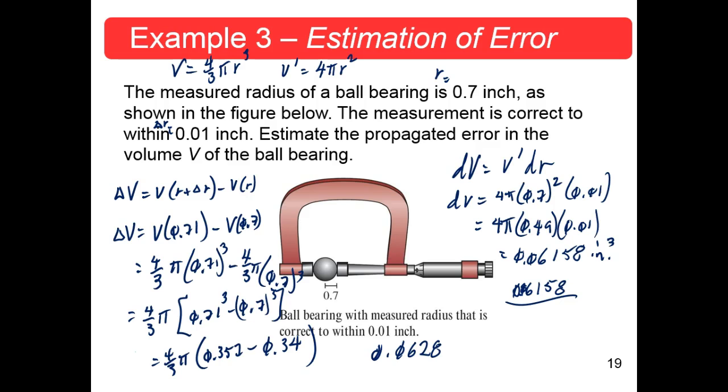We didn't actually do it, we combined it. Your actual volume was 4/3 pi times 0.7 cubed. So you'll have to do that calculation: 4/3 times pi times 0.7 cubed.